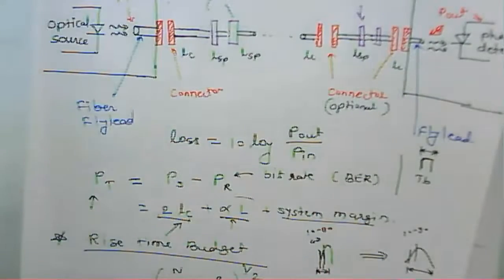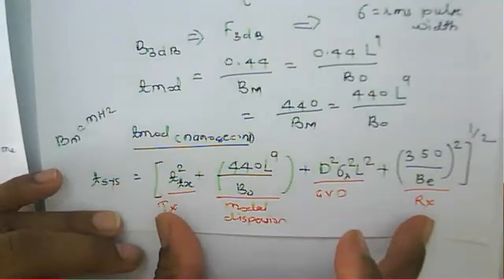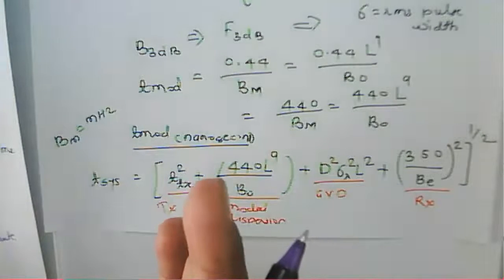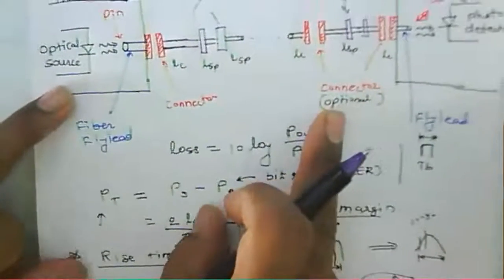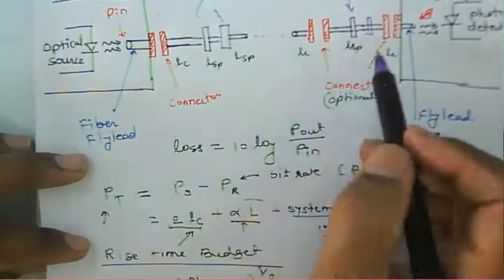If you consider the length required for the power budget and the length required for the system rise time, and compare both, the power requirement can be a minimum, but the rise time may not be acceptable for the given length of the fiber. So for a particular length of fiber, what is the minimum power acceptable by this fiber link?